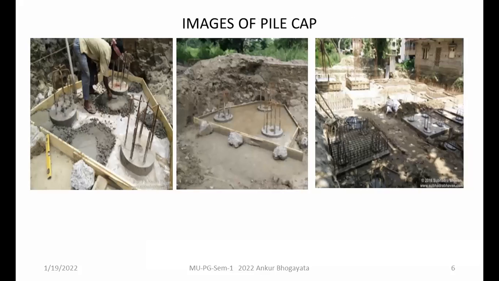These are some pictorial views of the pile cap design. As you can see in the first image, the concreting is being done in the formwork of the pile cap, and there are three piles provided, and above that, when you complete the pile cap, it looks something like this. After that, you provide some reinforcement also, and on the last side you can see four piles are connected through a pile cap, and the reinforcement for the pile cap is also visible in the right hand side figure.